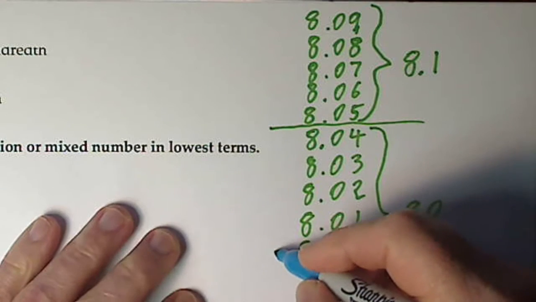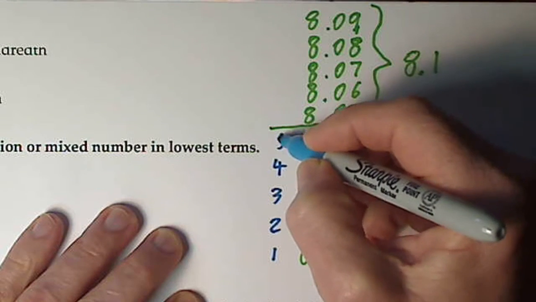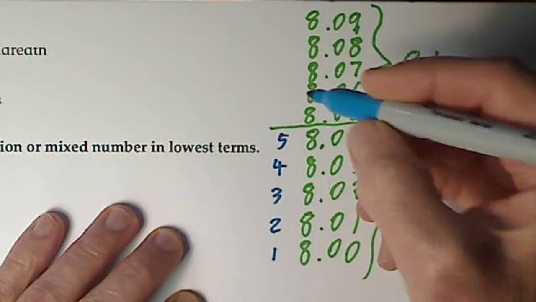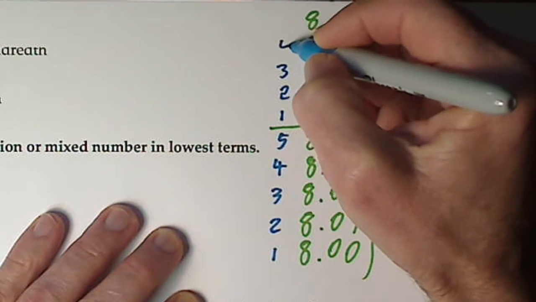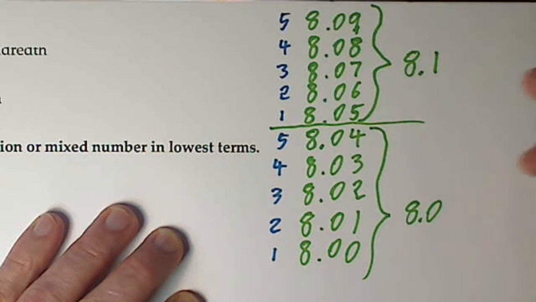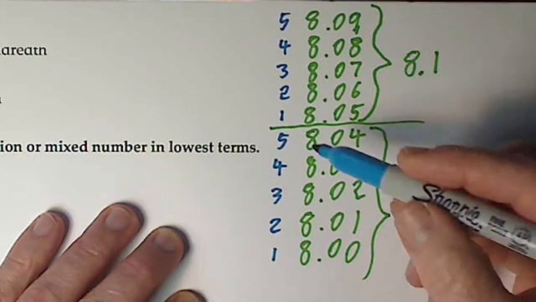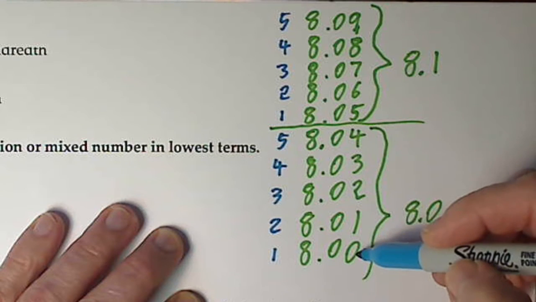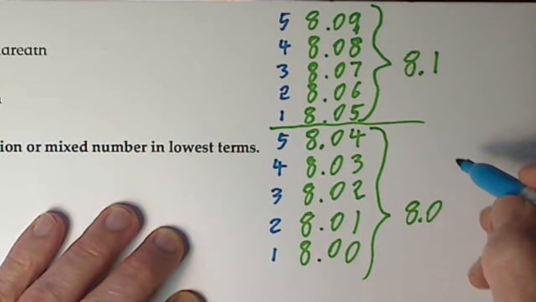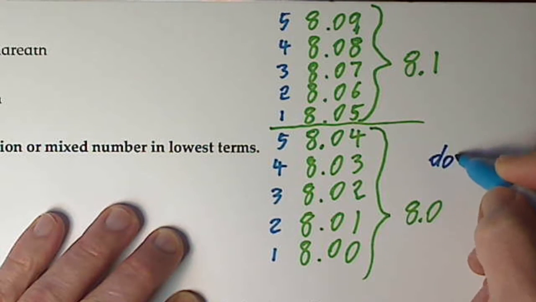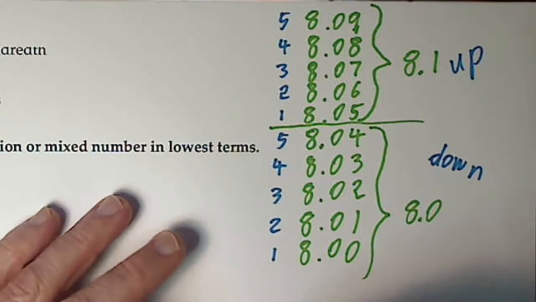We have 1, 2, 3, 4, 5 numbers beneath, and we have 1, 2, 3, 4, 5 numbers above, so we split it up evenly. The thing that makes the dividing line a 4 is you start with 0, 1, 2, 3, or 4. These you round down. These you round up. All right.